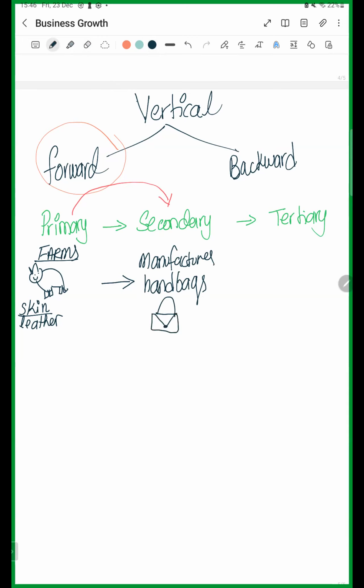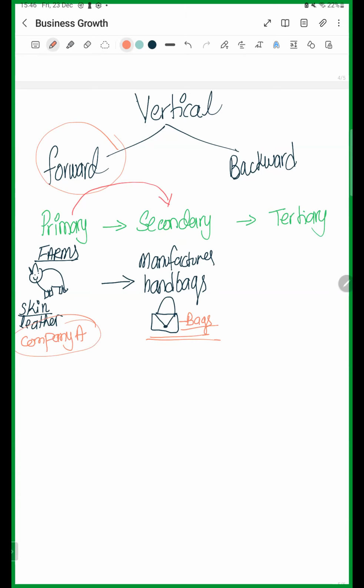So for this company, let's call it the bags company. Initially this company was there, and they had a supplier. Obviously they need some supplies to produce this, right? And they were working with company A, and this company A was providing them with leather.